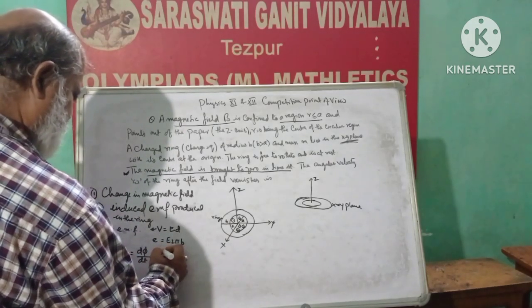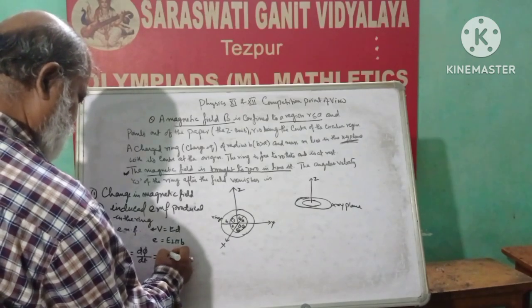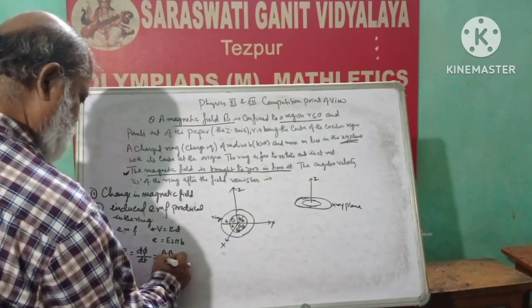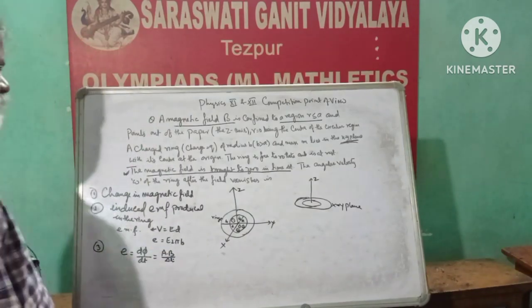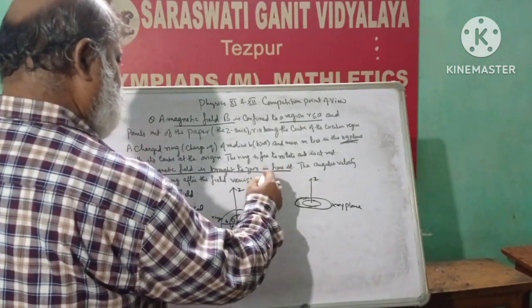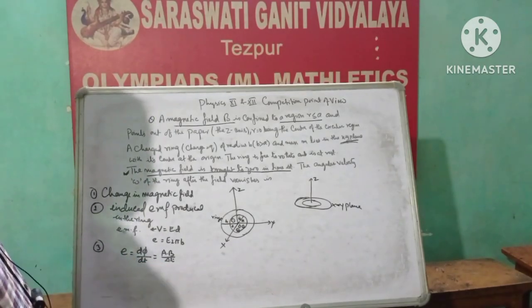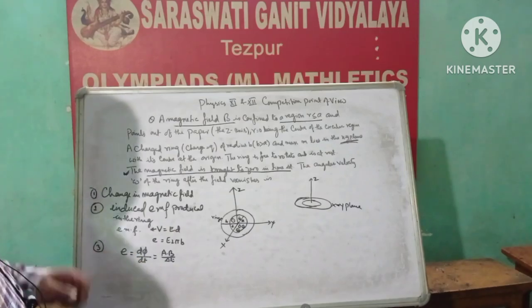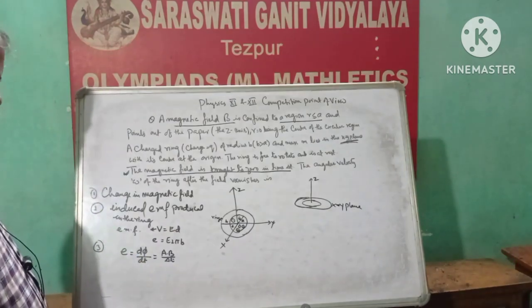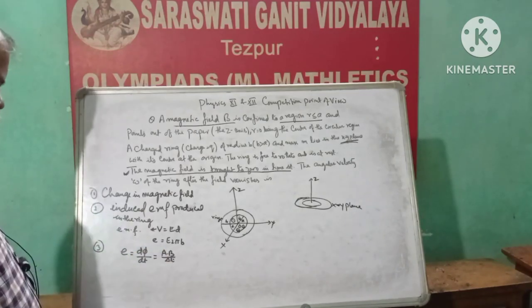Your flux is area into B, the magnetic field, and the time is delta t, because here it is given that your magnetic field is brought to 0 in time delta t. That means there is a change in time delta t. Your area is constant, but your B is changing.